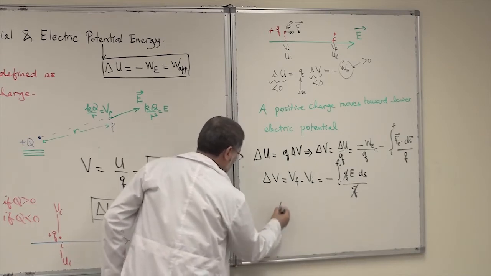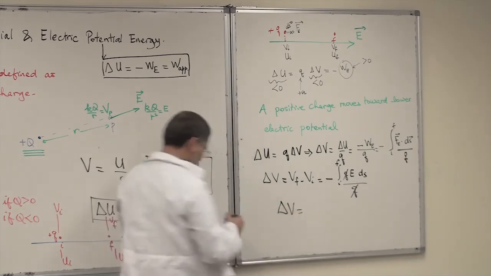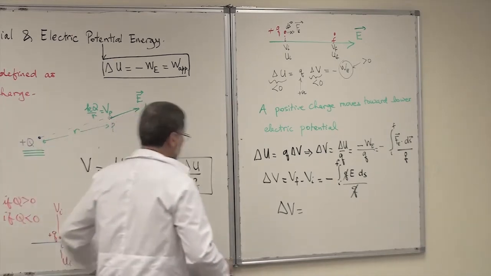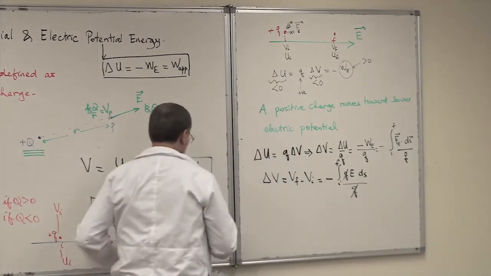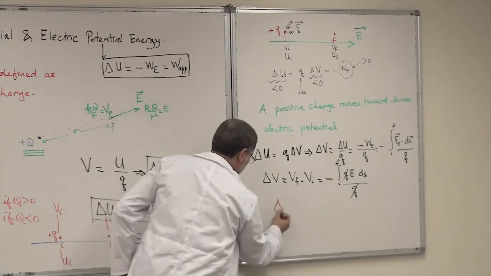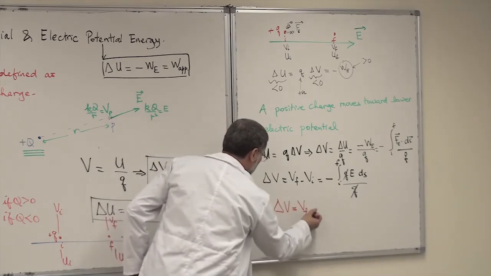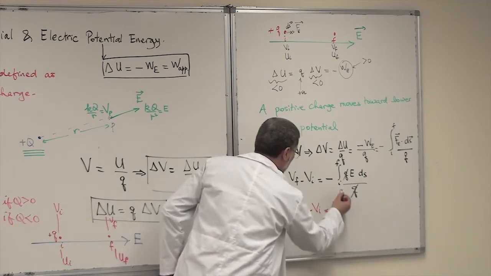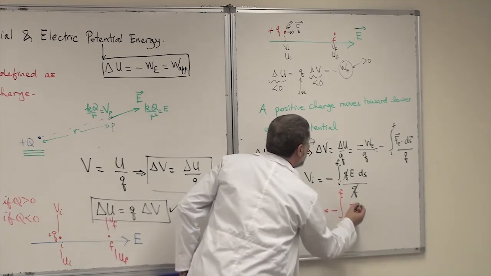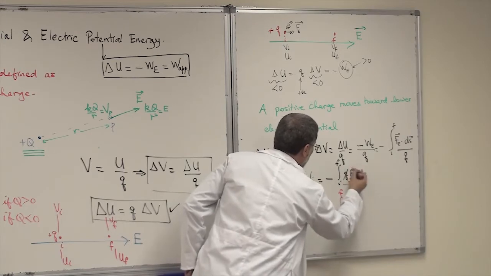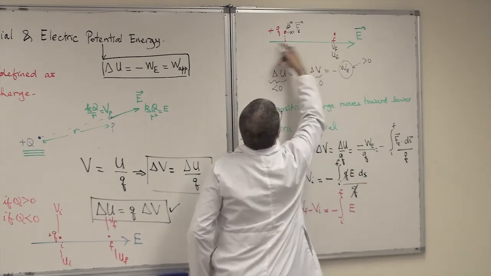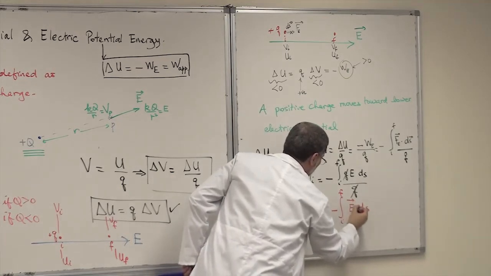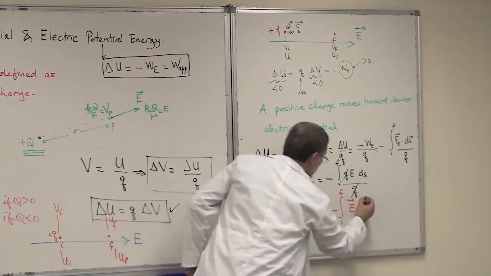So delta V in this case, very important equation here. I'm going to write it in red because it is very important. The change in potential between these 2 points, delta V, which is V final minus V initial, is equal to minus the integral between I and F of E dot ds. In general, here they are parallel, but in general it is E dot ds.